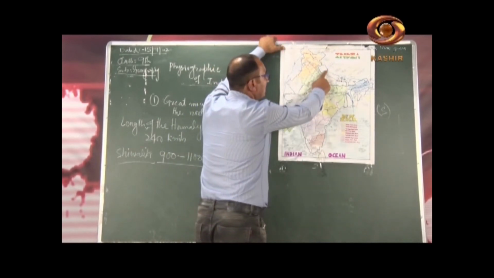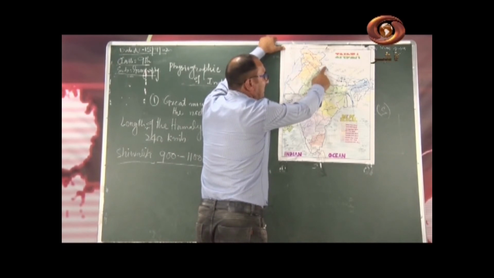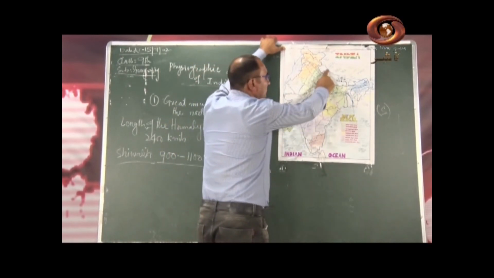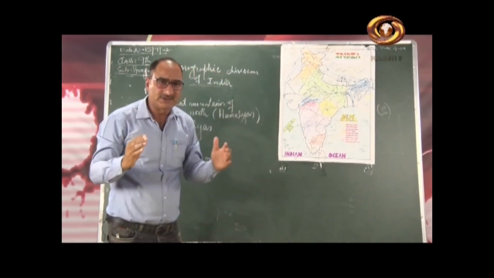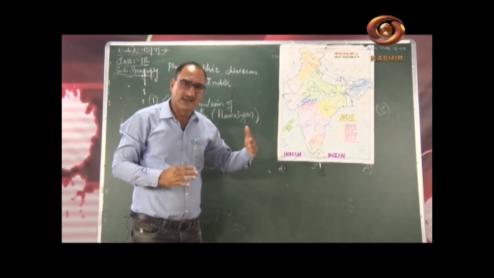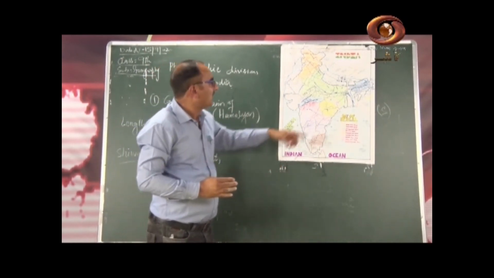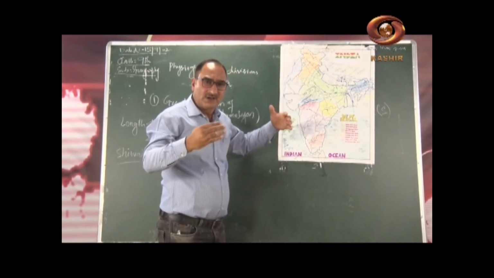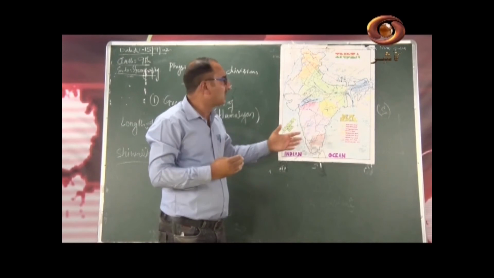Here, the River Indus, which I have marked here. The source of the Indus is Mansarovar Lake in Tibet. In Tibet there is a lake called Mansarovar, and the Indus River originates from this lake.